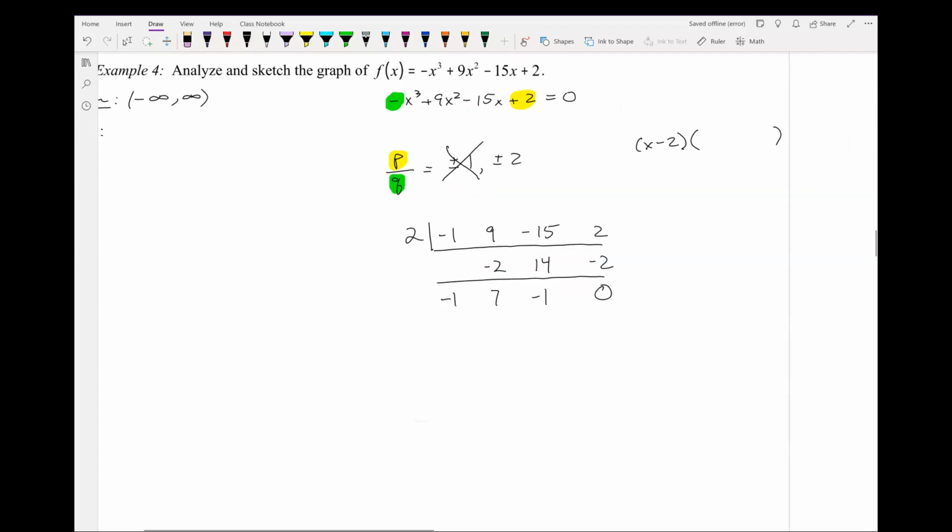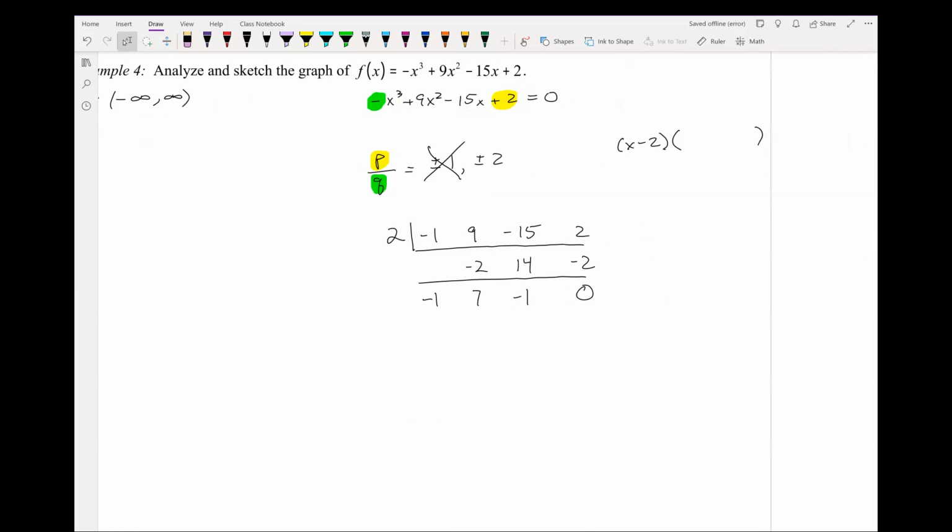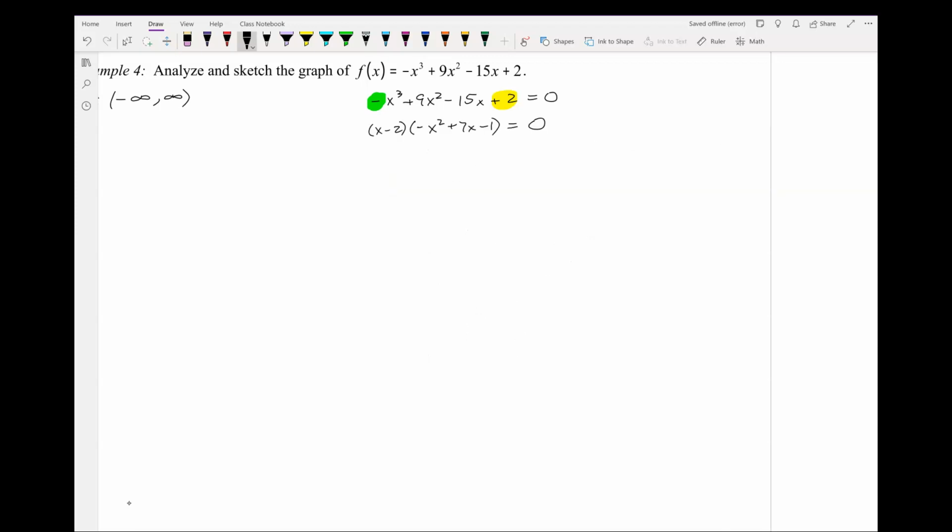So now our polynomial is looking like x minus 2 times, we've got our squared term coefficient here, so that's a -x squared. We have our linear coefficient here, so that's plus a 7x, and then we have our constant here, -1, and all of that equals 0. Now for this trinomial, again, it's not going to factor, so we're going to go ahead and use the quadratic formula.